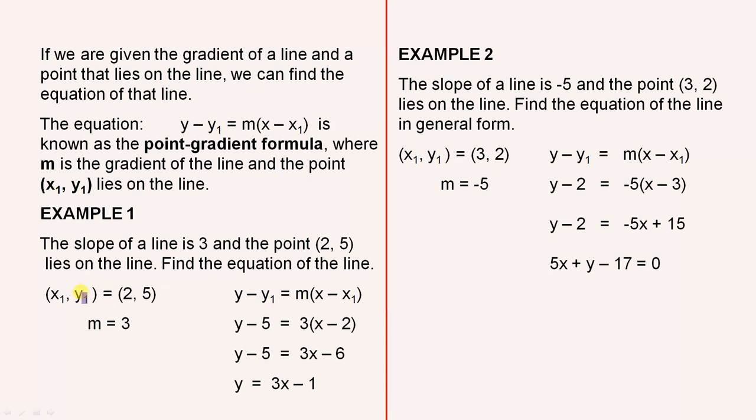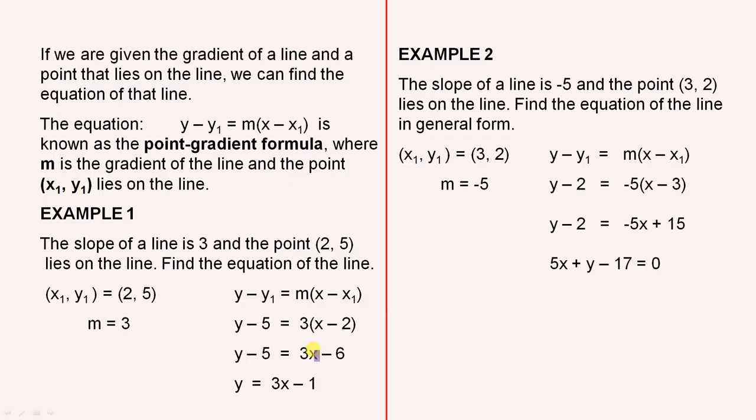We can see here that (x1, y1) is (2, 5). That's the point that lies on the line. m equals 3 because we are given that this is the gradient. That is the formula we used from up here. So we substitute x1, y1 and also m into the formula, and we have y minus 5 equals 3 outside of x minus 2.